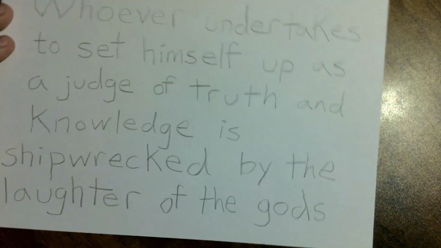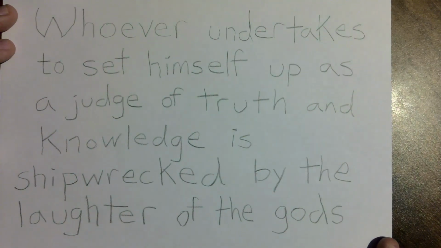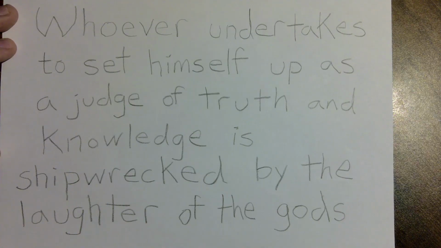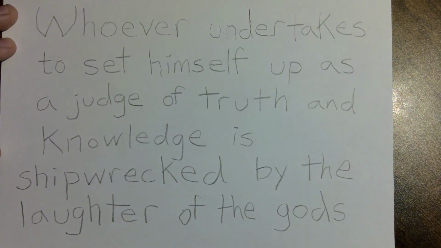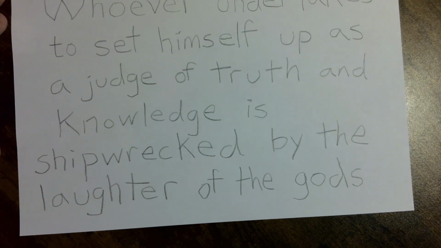This quote. You have to look up who said this as homework. Report back. Who said this quote? Whoever undertakes to set himself up as a judge of truth and knowledge is shipwrecked by the laughter of the gods.